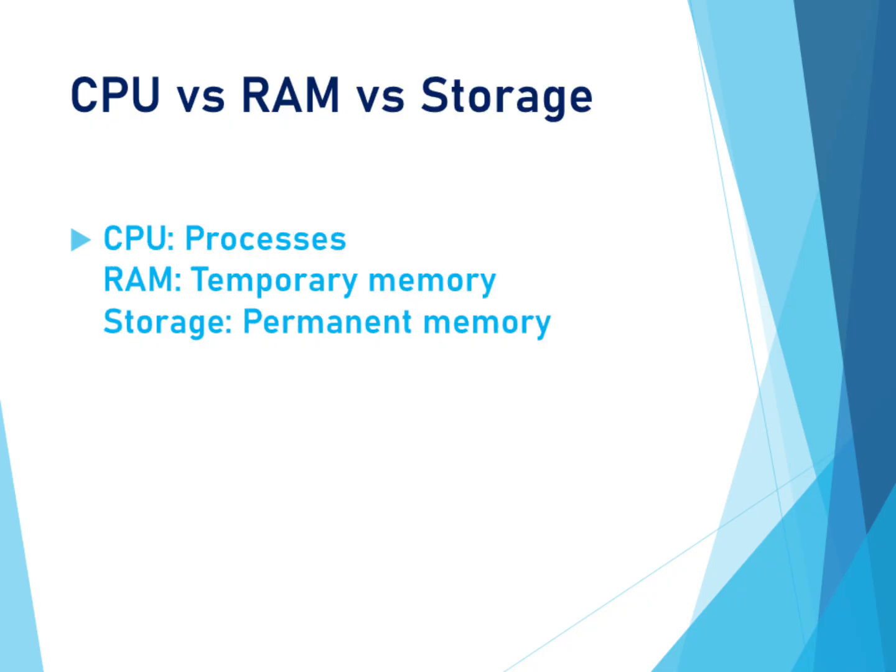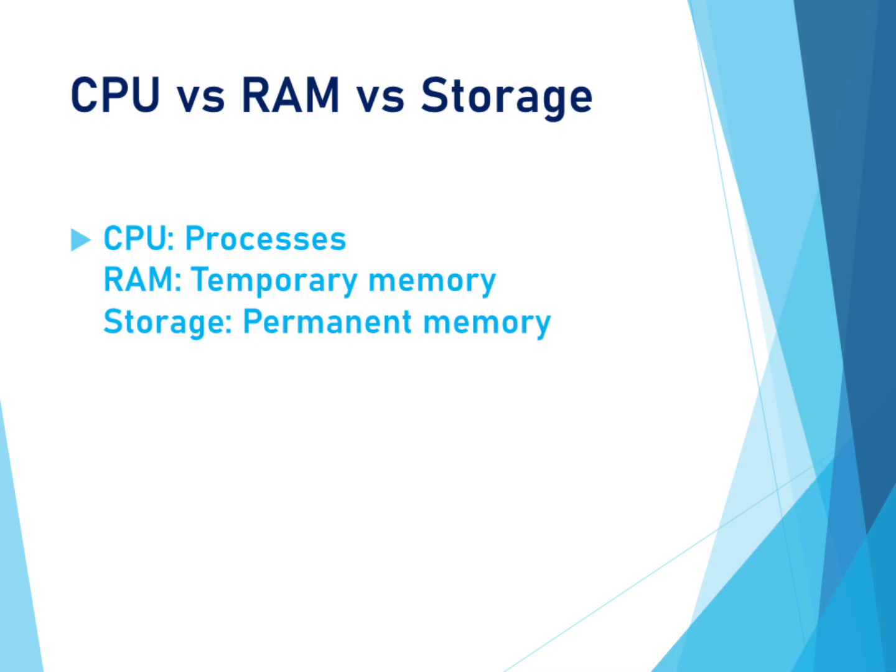Now let's compare CPU, RAM and storage. Many students get confused between these three components. They are different, but they all work together to make a computer efficiently useful for the end users. The CPU processes data and executes instructions.